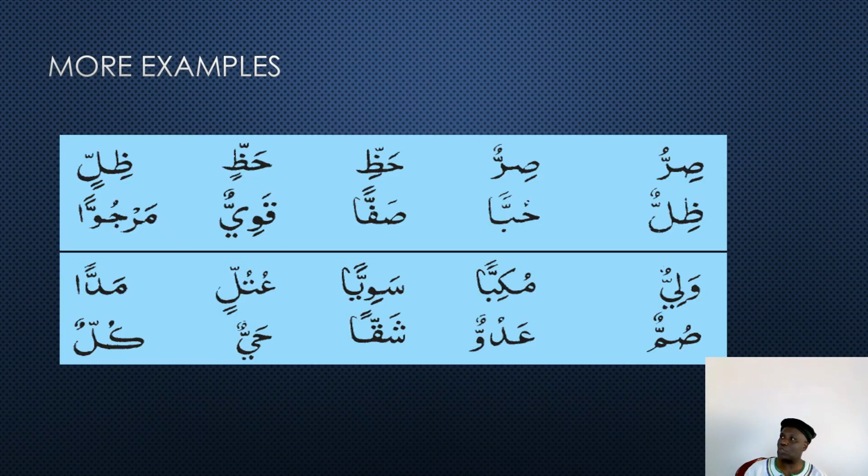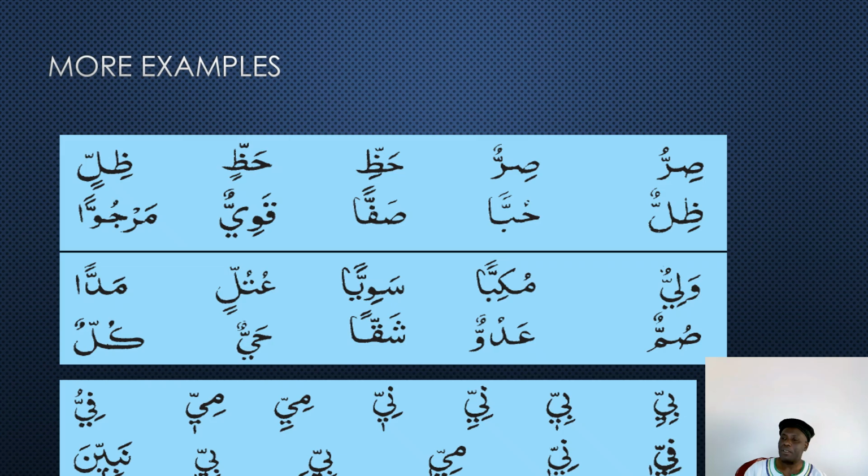We're going to read: sirrun, just shadda, sirrun, haddin, huttin, dhillin, dhillun, hubban, soffan, qawiyun, marjuwan, waliyun, mukibban, sawiyan, utullin, muddan, summun, aduwun, shaqqan, hayyun, kullun, biyyin, niyyin, miyyin, fiyun.